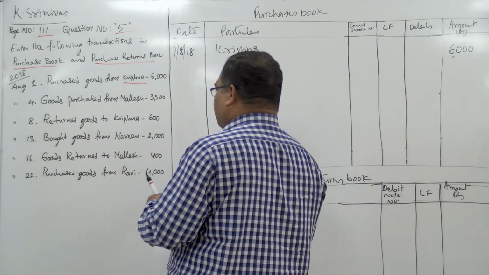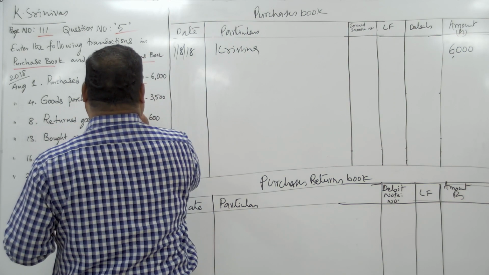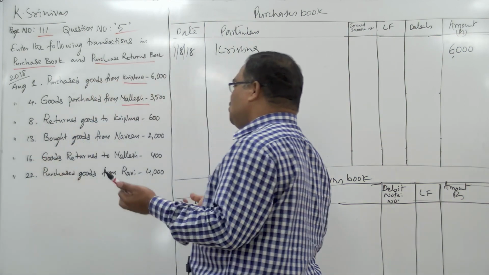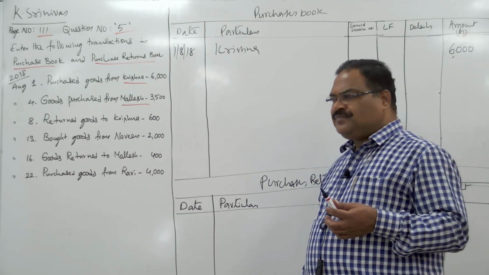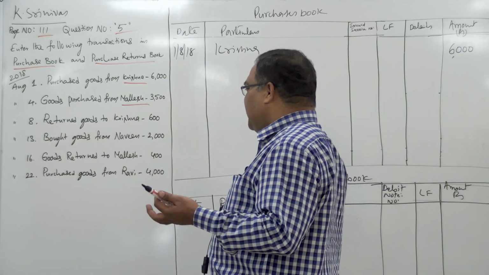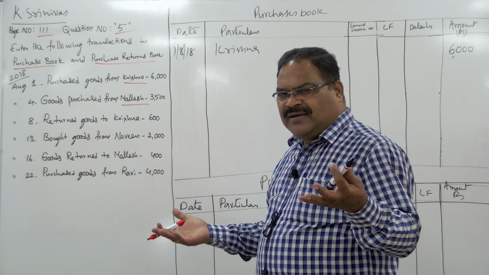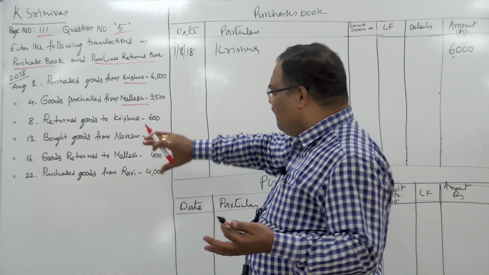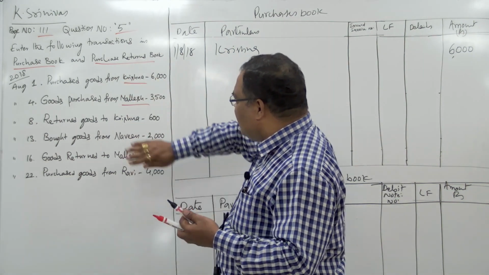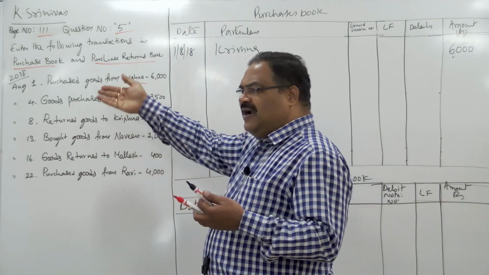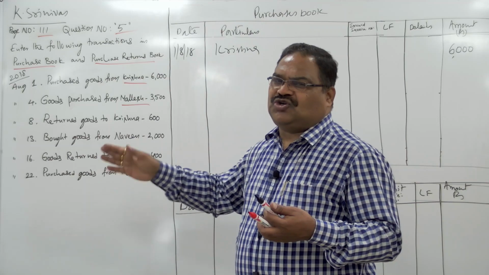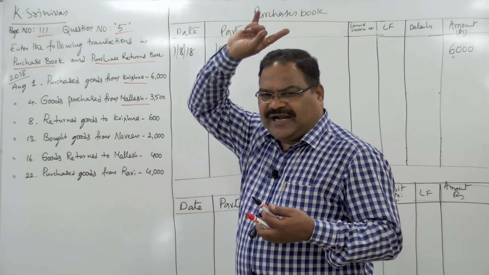Next. Goods purchased from Malaysia. Same story. There is no difference between the first transaction and the second transaction. Goods purchased from Malaysia, no information about anything. If the goods were not purchased from Malaysia, it would become a cash transaction and should not be taken here; that should be taken into the cash book.